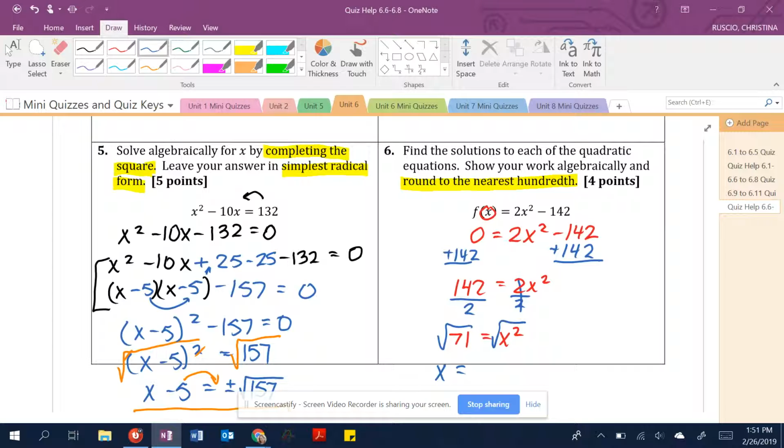The square root of 71 is 8.426, blah, blah, blah. So if we wanted to round to the nearest hundredth, that would be the plus or minus, the positive or negative, 8 point, and hundredth would be 4, 3. Notice how we didn't have to simplify that square root. All we had to do was write it in the decimal format because of the directions.